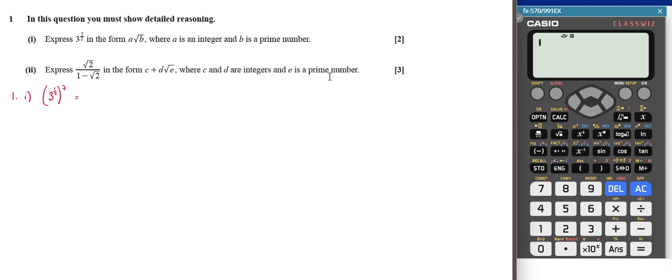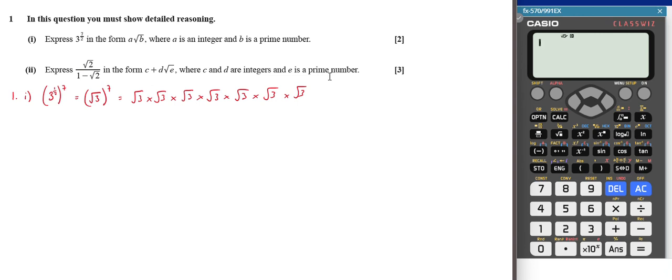The 3 to the half is root 3. So that's the power 7. So that means I've got root 3 times root 3 times root 3 times root 3 times root 3 times root 3, 1, 2, 3, 4, 5, 6 times root 3.